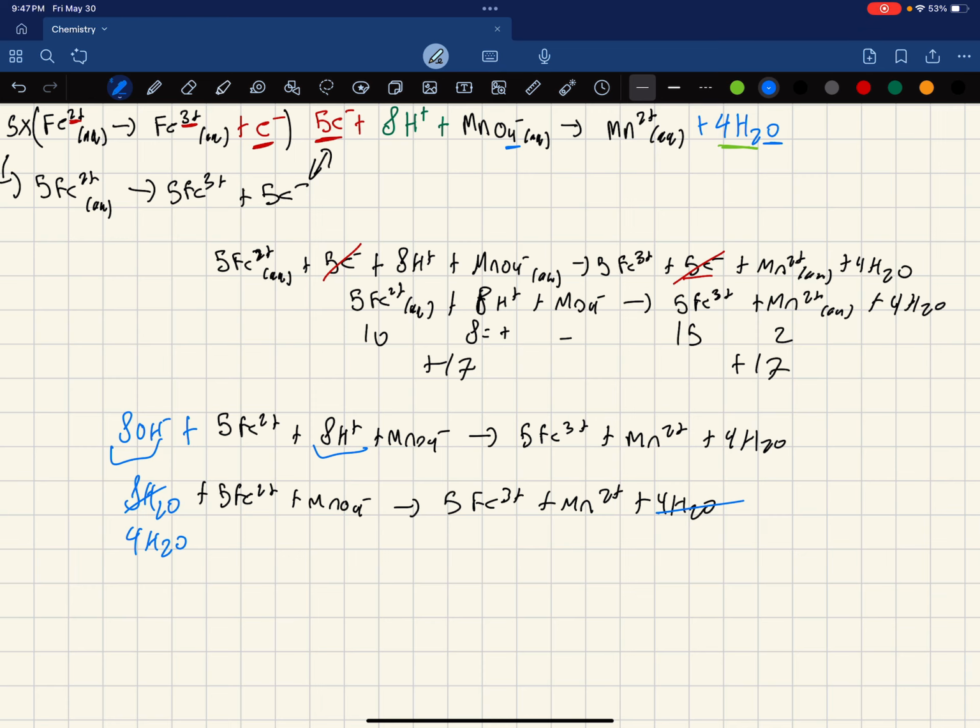And then yes, it's plus 5Fe2 plus, MnO4 minus, makes 5Fe3 plus, Mn2 plus. And that's what you do, and now you're in a basic solution because there's no more protons.